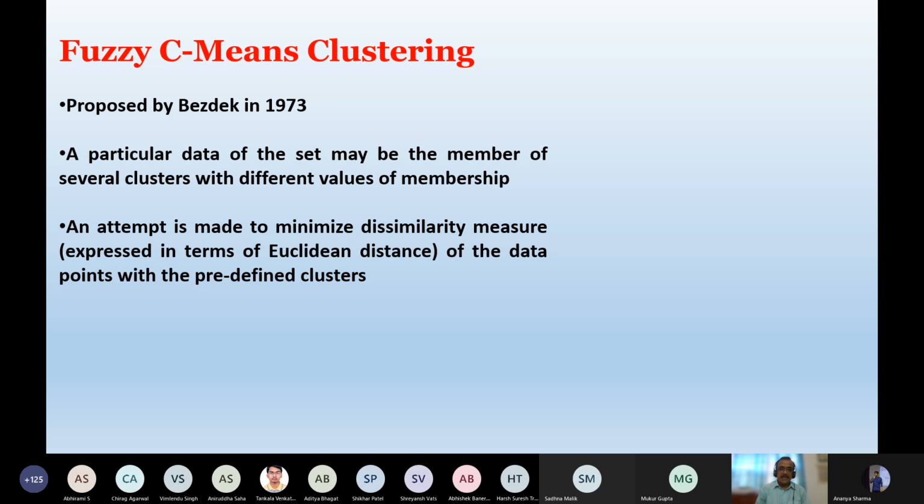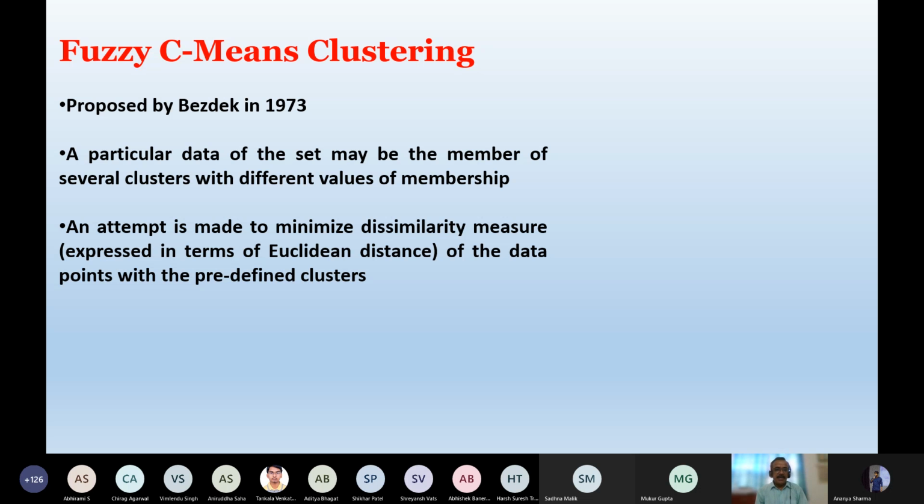A particular data point, say the ith data point, belongs to cluster 1 with some membership function value, to cluster 2 with some other value, to cluster 3, cluster 4 and cluster 5 with other values. The sum of all the membership function values should be equal to 1.0.